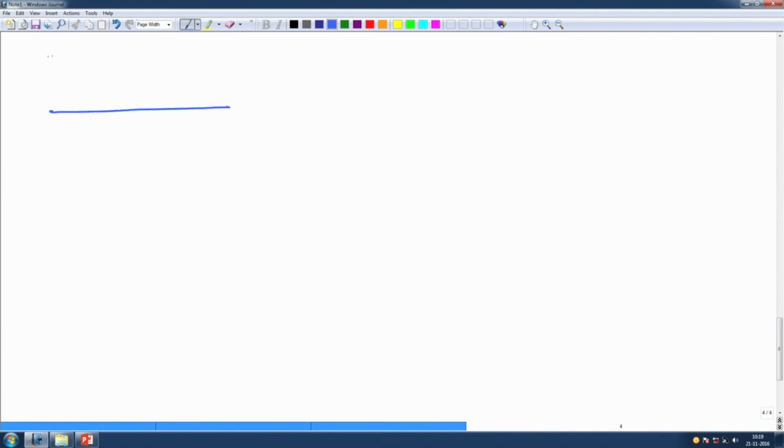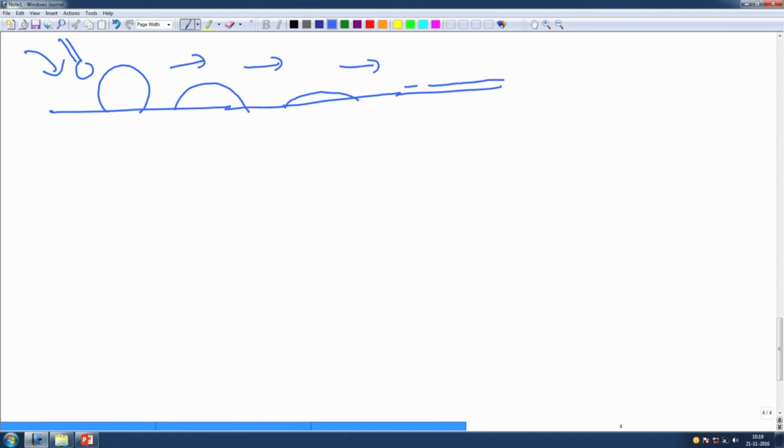In some cases it spreads, in some cases it forms these nice spheres. So, what determines this? You have a substrate on which you try to deploy a liquid. You bring a pipette or a syringe like this, and it can form something like this, it can form something like that, or it might actually completely wet the surface. So, what determines this to this, this to this, and this to this?